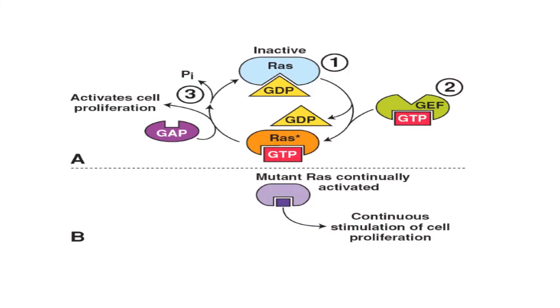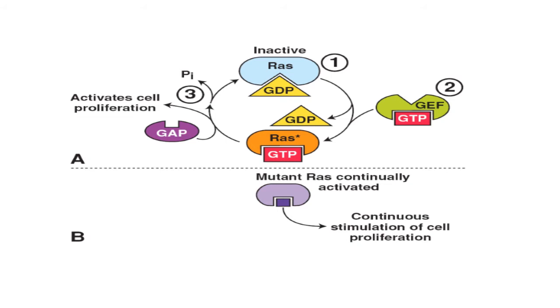This illustration is showing the mechanism of action of the RAS. So diagram A is showing the normal pathway, while B is showing the pathway in the mutant cell.